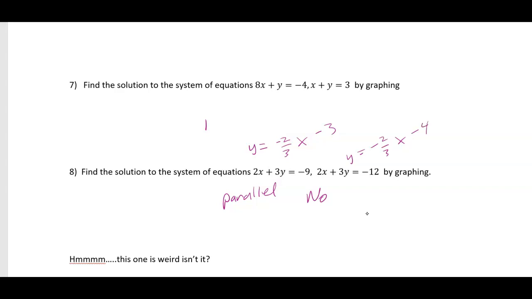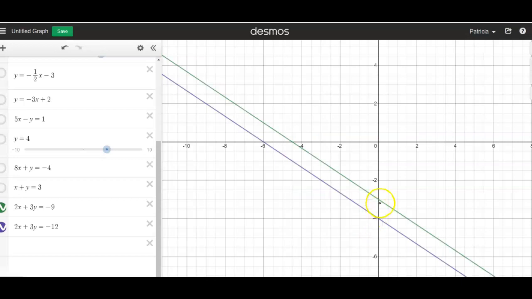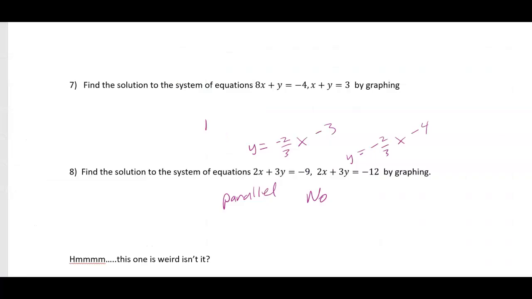They have different y-intercepts, but the slopes are the same, so they are parallel. And if I look at that, the y-intercept of the green line is negative 3. The y-intercept of the blue line is negative 4. All right, so that's solving by graphing and what happens when you get parallel lines.